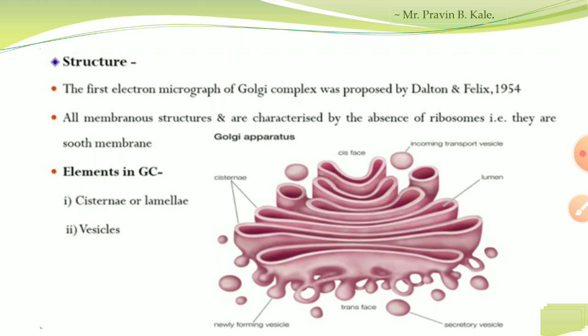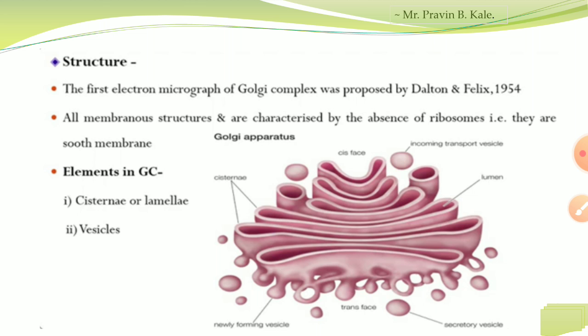They described the Golgi complex in the epidermis of the rat as consisting of three components: flattened sacs or cisternae, large vacuoles, and small granules. These three components constitute the Golgi complex. All are membranous structures and are characterized by the absence of ribosomes. They are smooth membranes without ribosomes. The membrane of Golgi complex is known as smooth membrane.